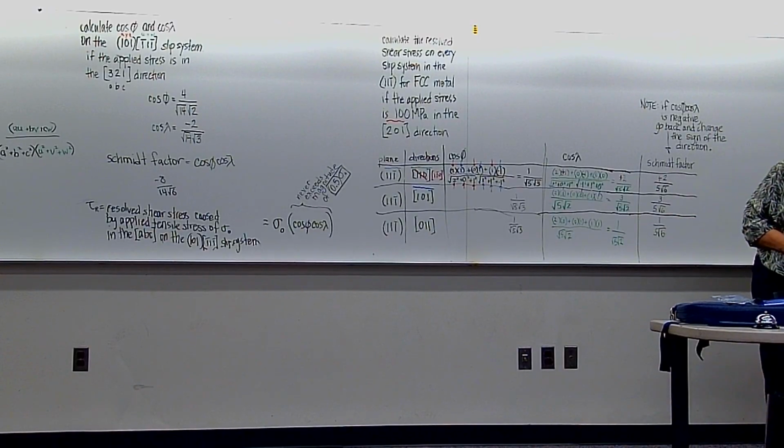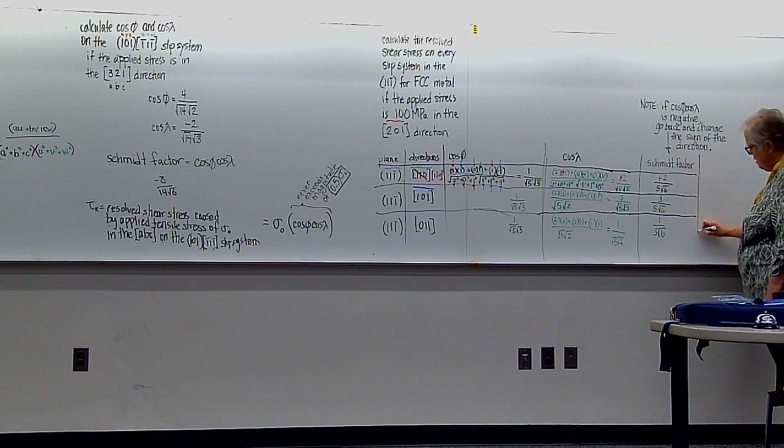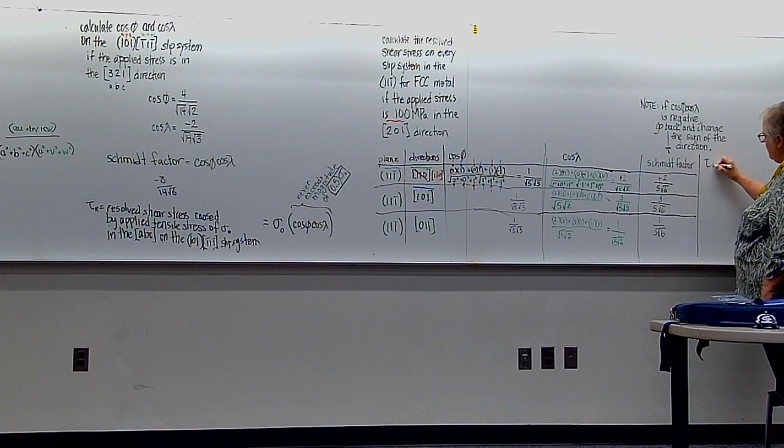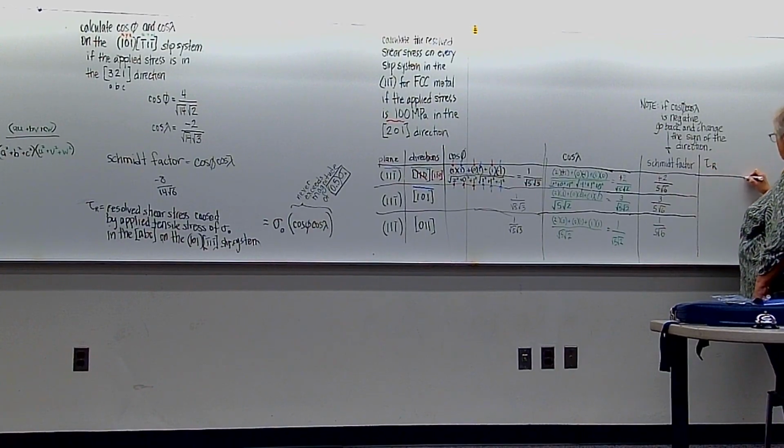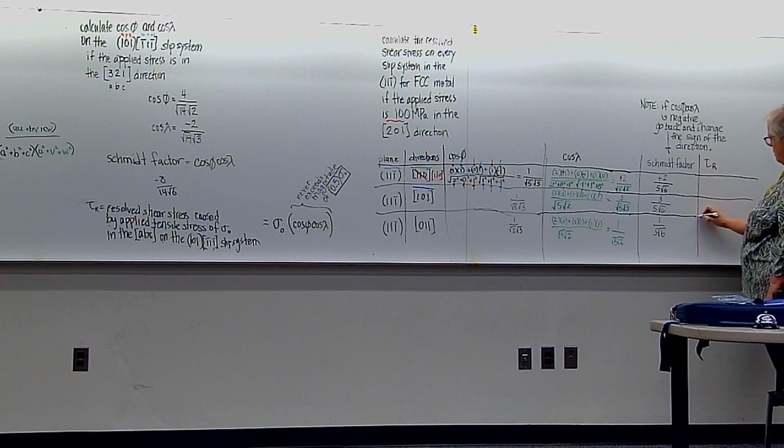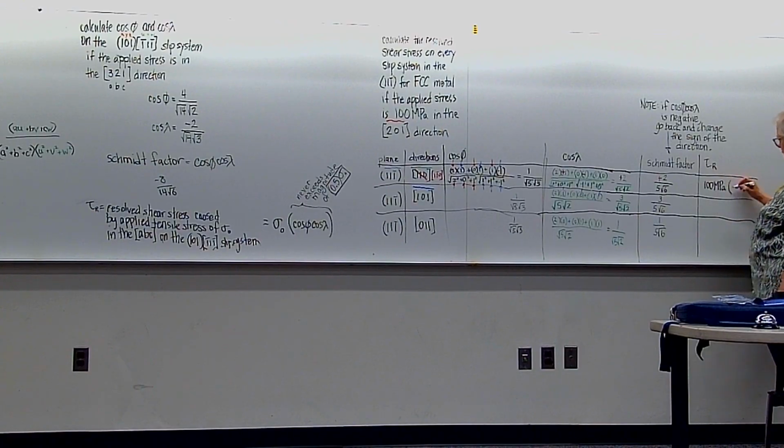Okay? So if you end up with a Schmidt factor that's negative, it just means you have to change the direction, because your direction right now is causing compression, which won't cause deformation. And finally then, the resolved shear stress is 100 megapascals, that's the applied stress, times 2 over 5 root 6.